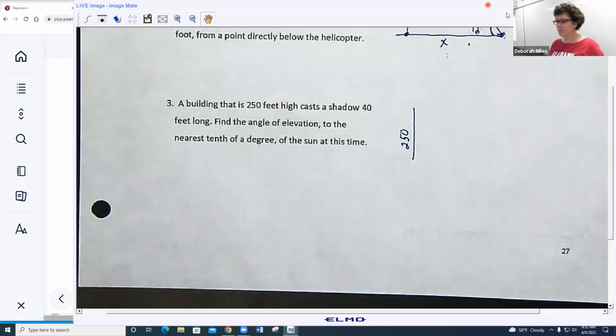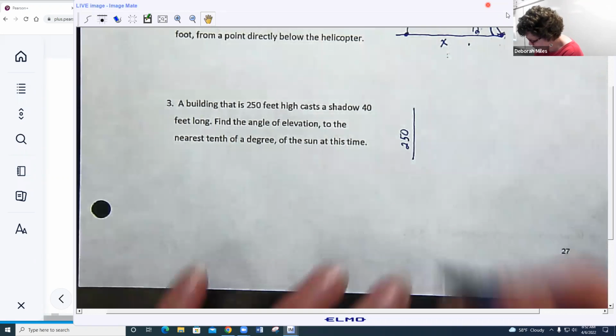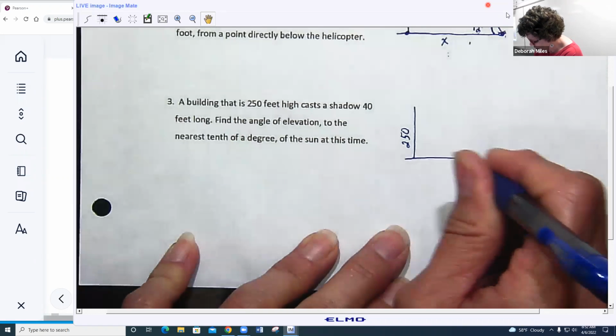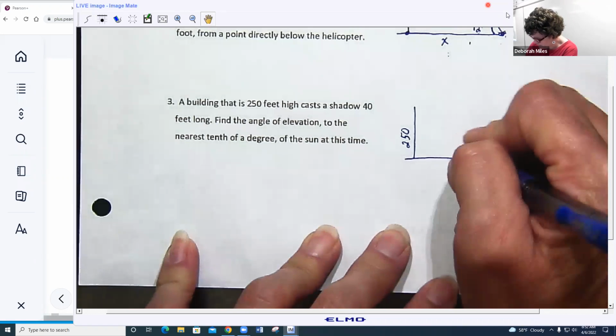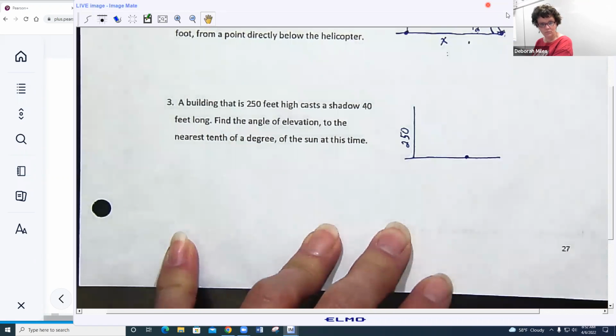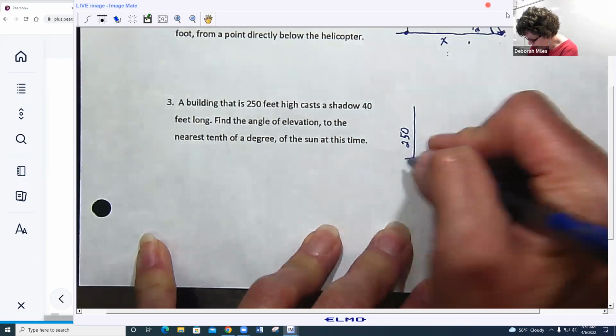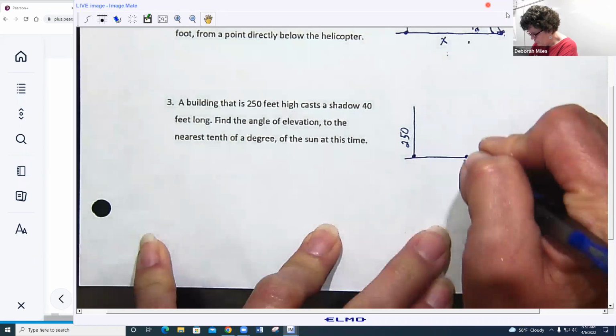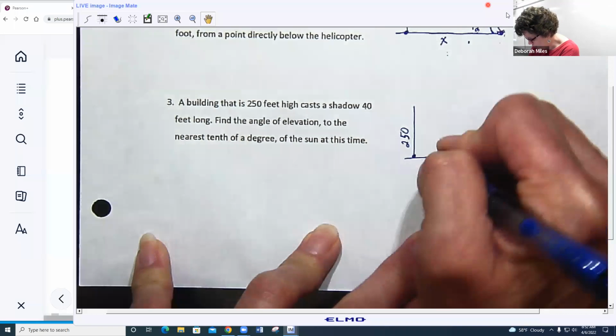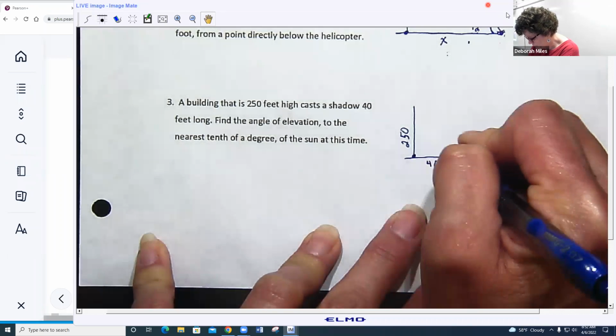Where does that belong on the picture? Yeah, where do we see shadows? We see shadows on the ground. And over here somewhere, there's the tip of the shadow. From the point under the building to the tip of the shadow, that's your 40 feet long.